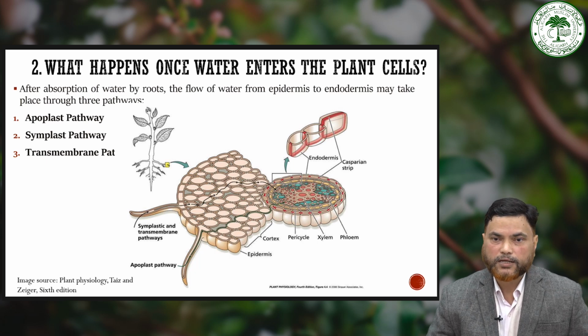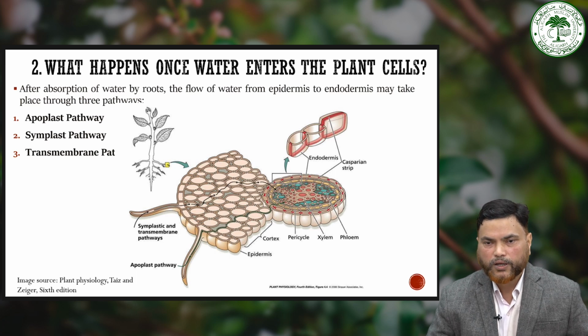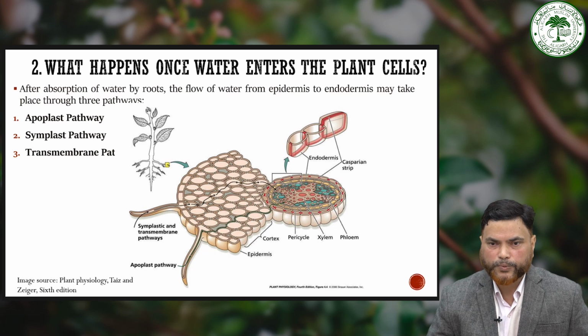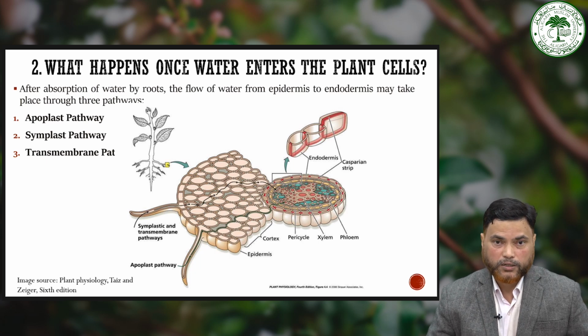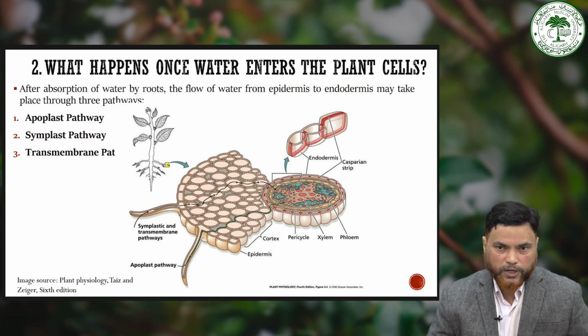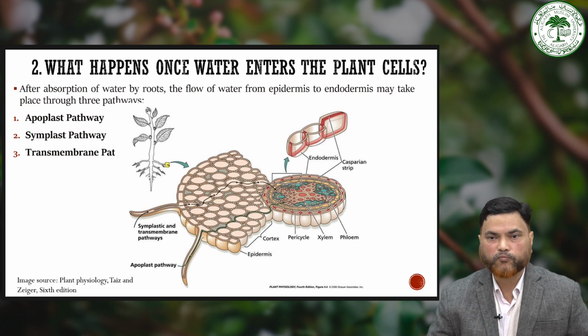The other pathway is the symplast pathway. In this pathway water moves across the root cortex through plasmodesmata, and these plasmodesmata are microscopic channels that traverse the cell walls and basically connect the cytoplasm of adjacent plant cells. Now, the third type of pathway is the transmembrane pathway, and in this pathway water enters a cell from one side and exits the cell on the other side and then enters the next cell in the series.